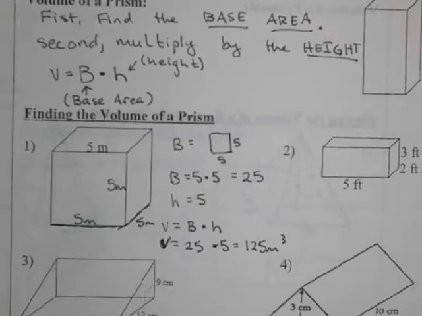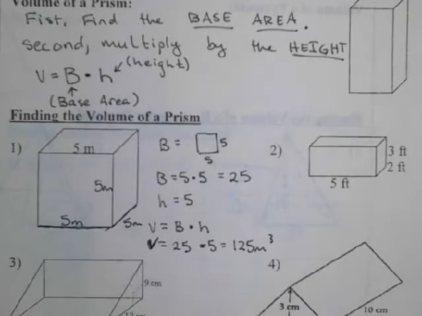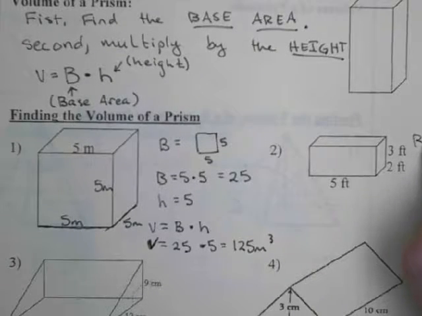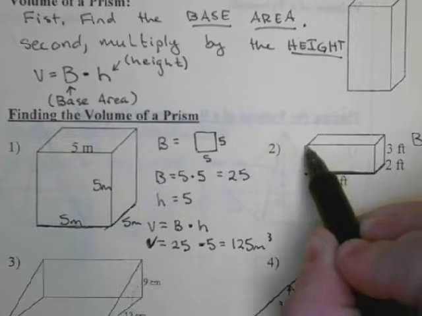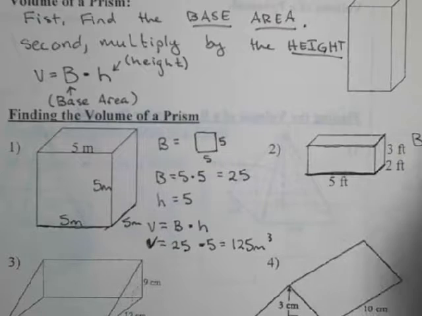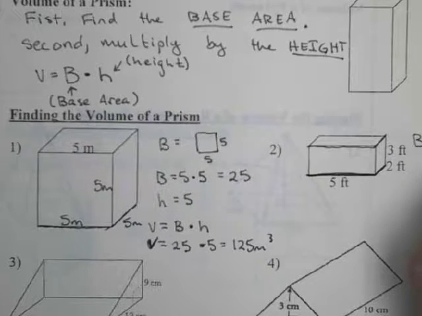So on our next one, we can think of the base as being this rectangle that's on the bottom. I have a 5 by 2, so that would be 5 by 2 on the top. So my base area would be this rectangle, which is 5 by 2.